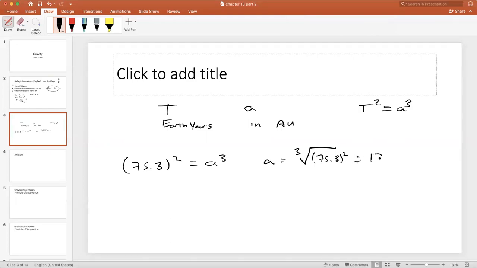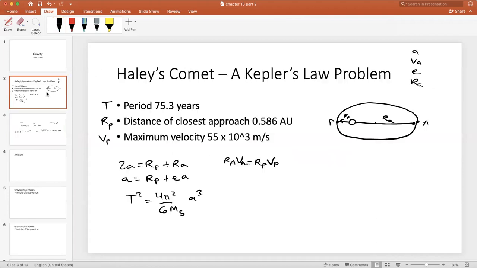So this is 17.8 AU, which seems correct from the internet, of all things. Okay, so we now know the semi-major axis of Halley's Comet. That means this distance to the center is 17.83 AU, or almost 18 times the distance from the Earth to the Sun, the average distance.